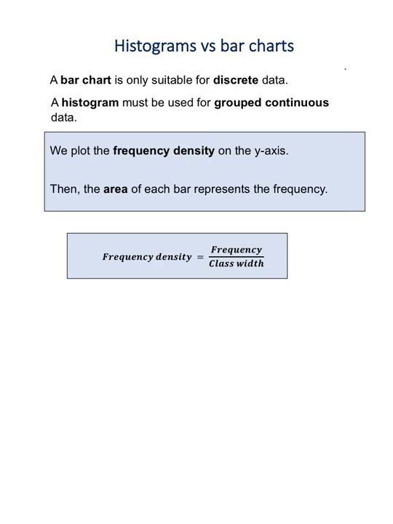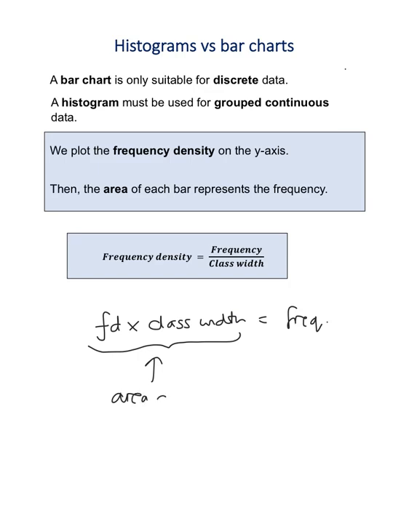So if we need to work out the frequency, we could say frequency density times class width will give us the frequency. In other words, this is the area of the bar, which is what we said earlier. The area of the bar represents frequency, and that's why, if you rearrange the formula, that's what you get.